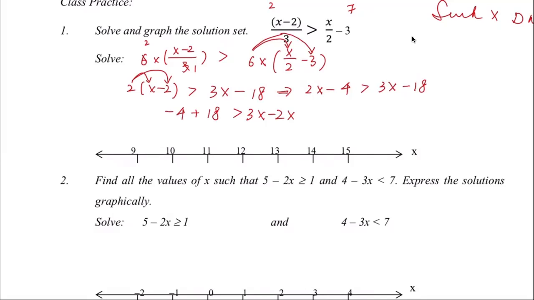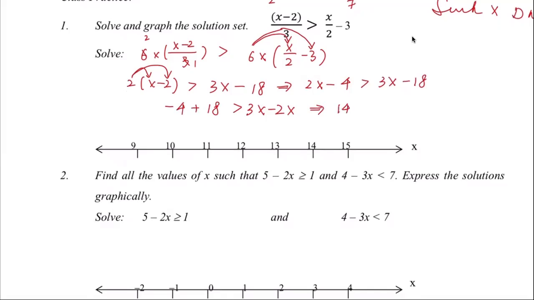Okay. Now we just organize this inequality a little bit. By tradition, we usually put the unknowns on the left side and the numbers on the right side. So we just flip it, right? So this will be 18 minus 4, that's 14, right?